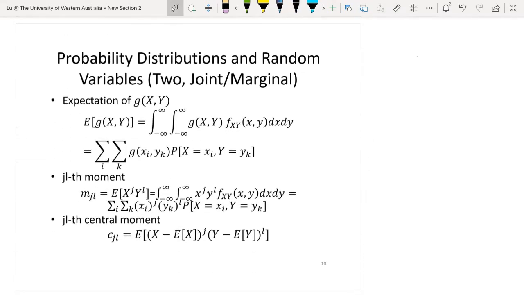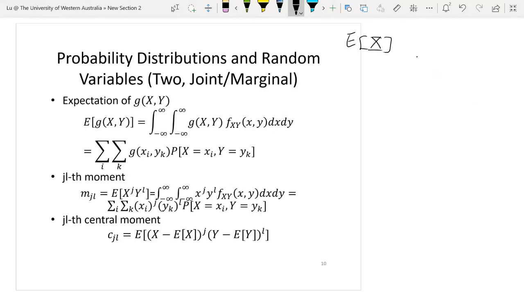Next one, the expectation of a function g, where the g function uses the random variables X and Y as parameters. So how do we calculate the expectation of the g function? Last week we mentioned the expectation operation applies to whatever we put in, so we put X here.